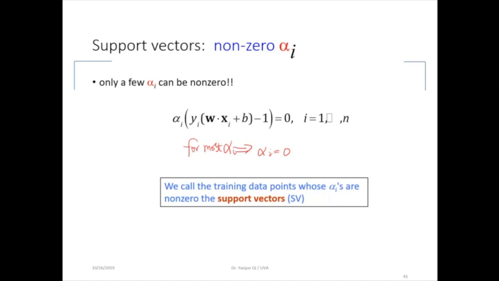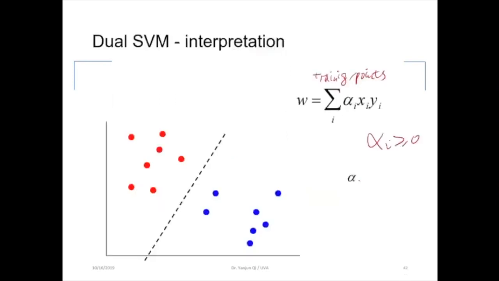So to summarize, for the majority of the data points alpha_i will be zero. And those points in the hard case whose alpha_i are not zero are called support vectors. Let's go back to see the relationship between w and alpha.